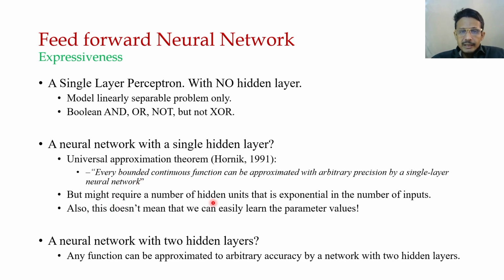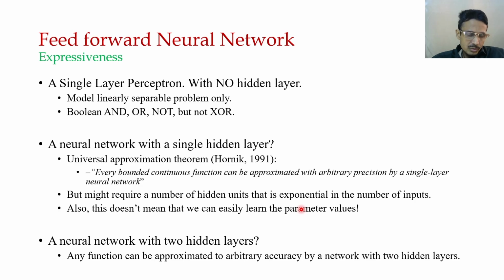So the number of hidden units may be exponential in the number of inputs. That may be possible. How many hidden units, the neurons in this hidden layer? That also doesn't mean that we can easily learn the parameters. So two things are not addressed here: how many neurons in the hidden layer, and the convergence.